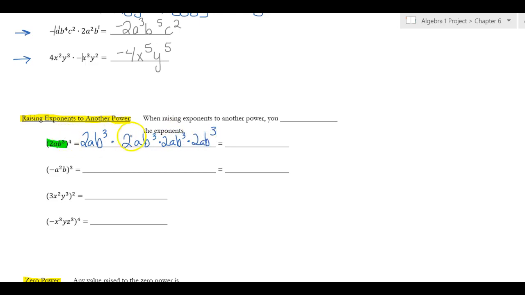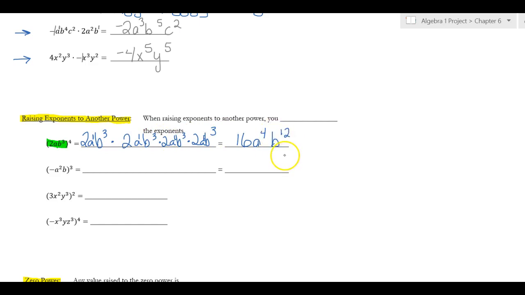So that's 2 times 2, which is 4, times 2 again, which is 8, times 2 one more time is 16. Now when I look at my a's, I have 1, 2, 3, 4, so a to the 4th. And for my b's, I have 3, 6, 9, 12 b's.